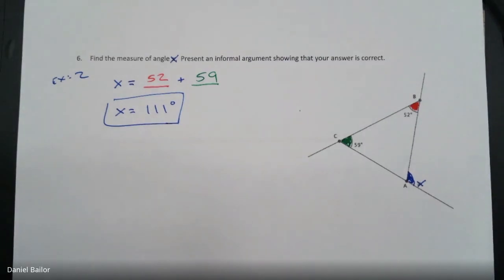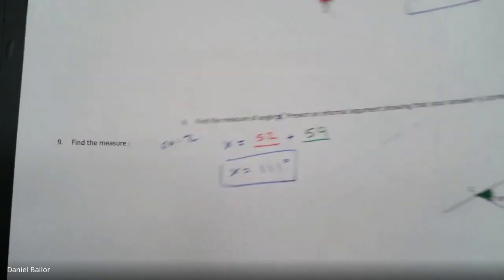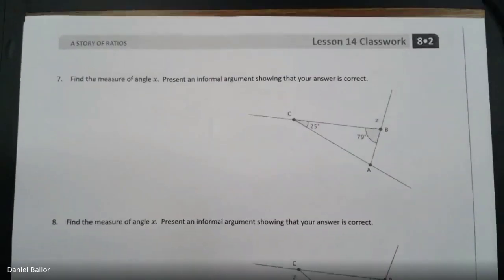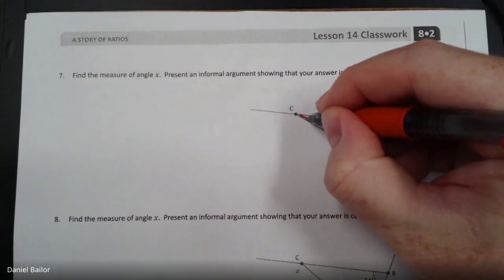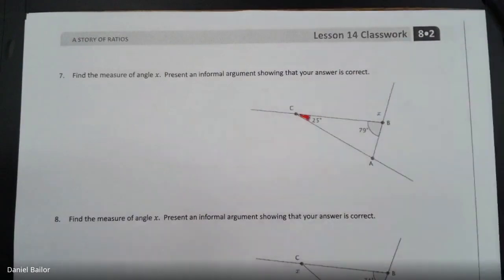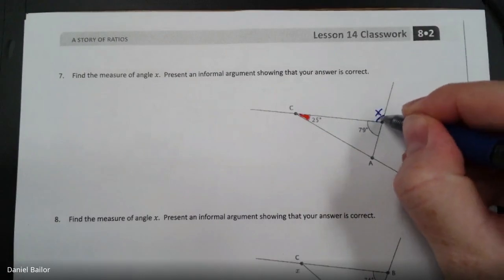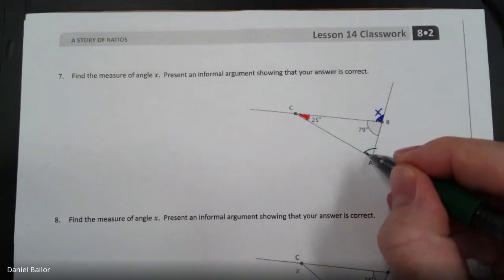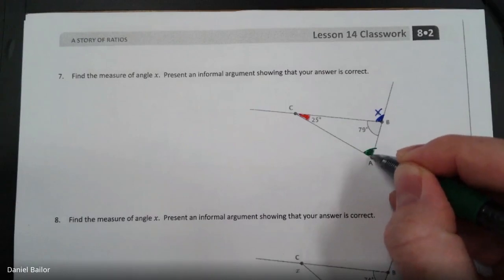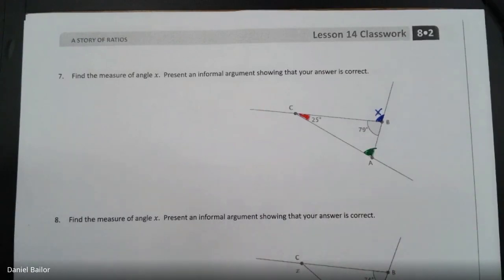Hopefully you're getting this. Let's look at exercise 7. Exercise 7 is not going to be easy plug and play, because if you look, they gave us the red, but they want the x. But remember, for the x, I need the red and the green. They did not give me what I needed to use the shortcut.